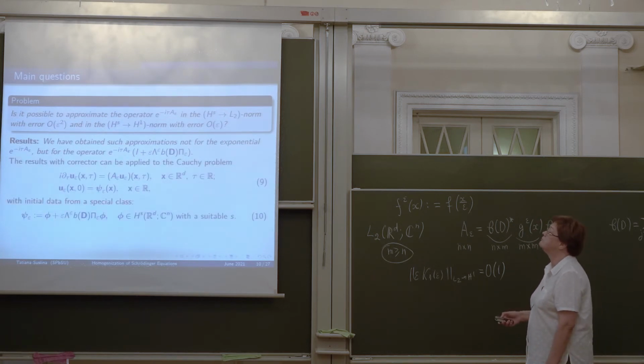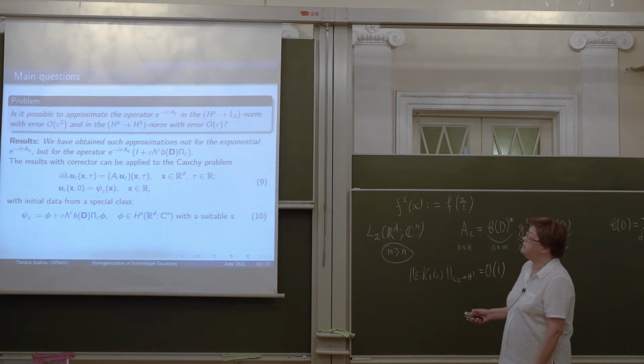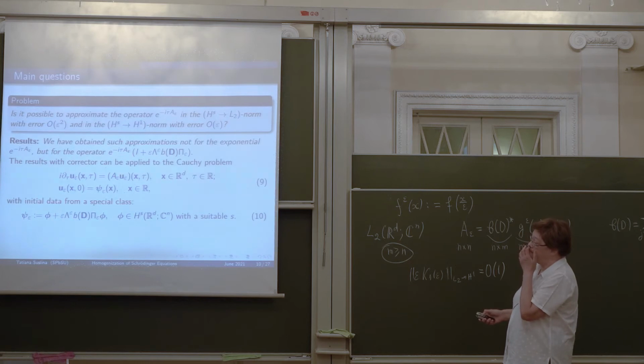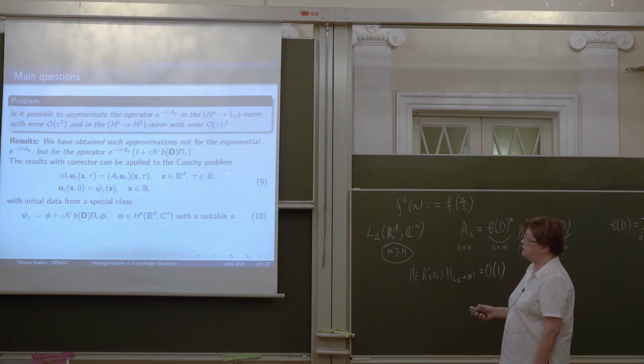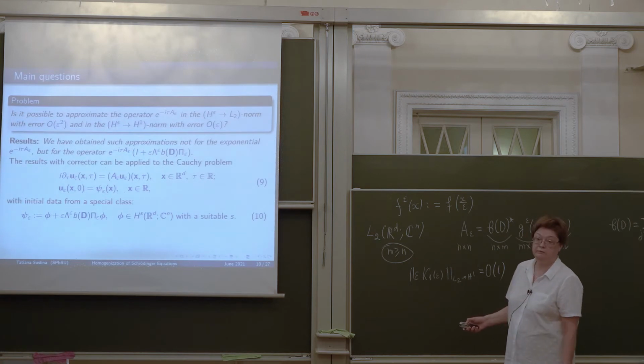Then, what does it mean for the Cauchy problem? Such results can be applied to study the behavior of the solution of the Cauchy problem for the same Schrodinger-type equation as before. But we take initial data psi epsilon from a special class.